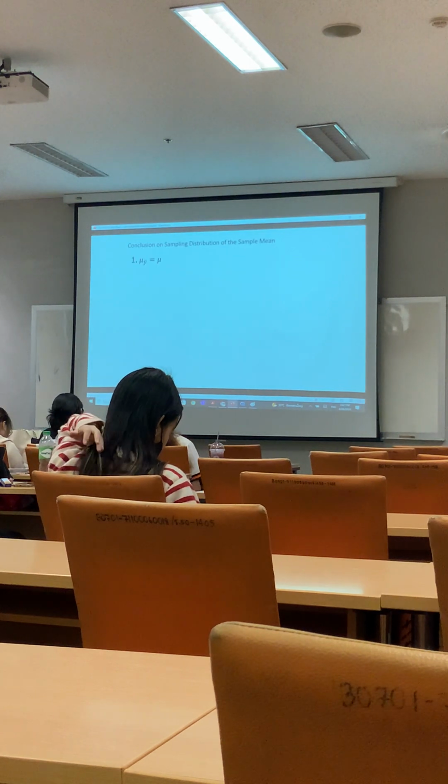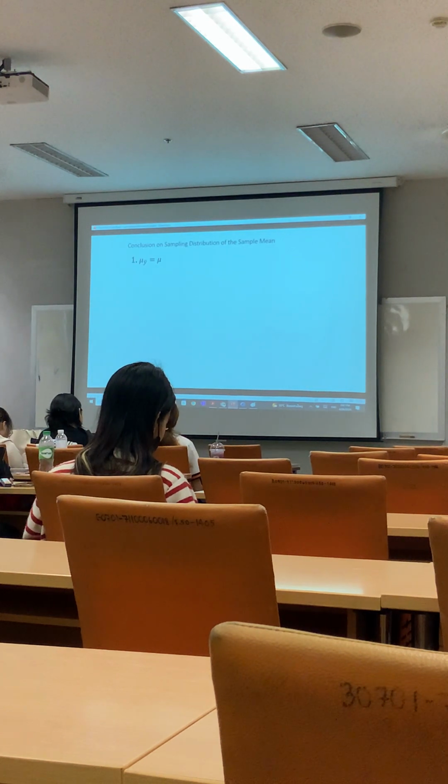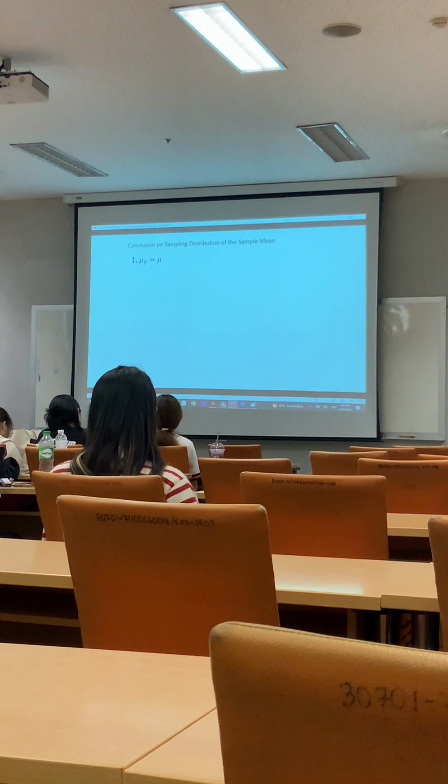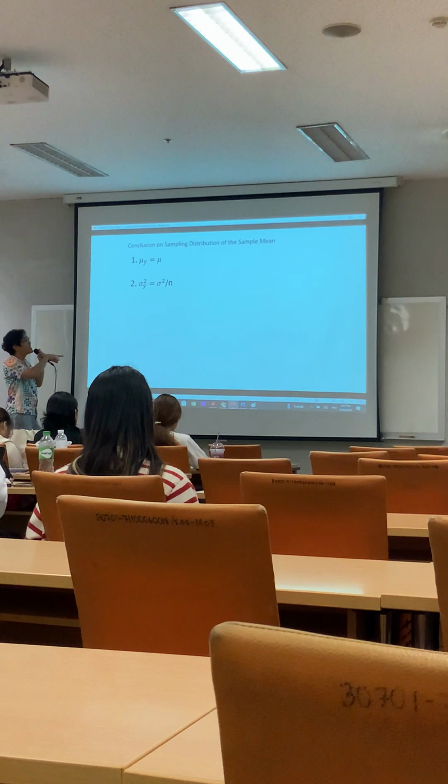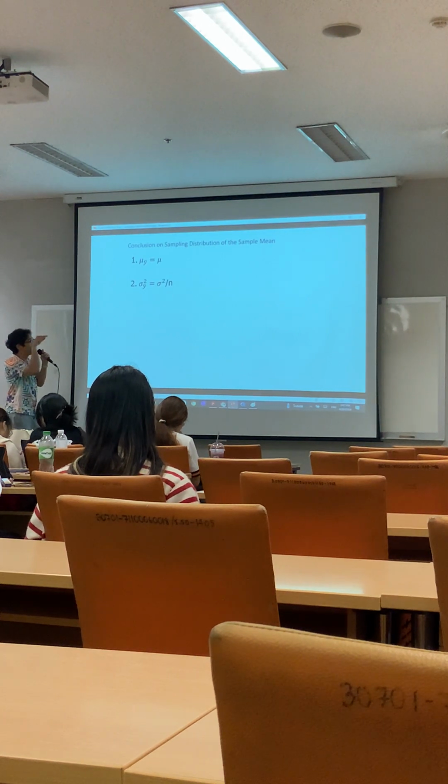Okay, and as we have seen, the mean of y bar is the true population mean, but what I haven't shown you is that the variance of y bar is the population variance divided by n.